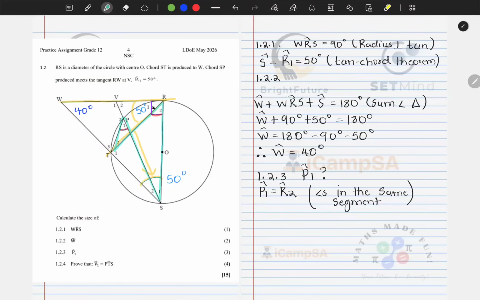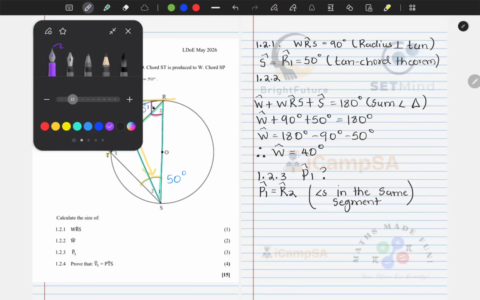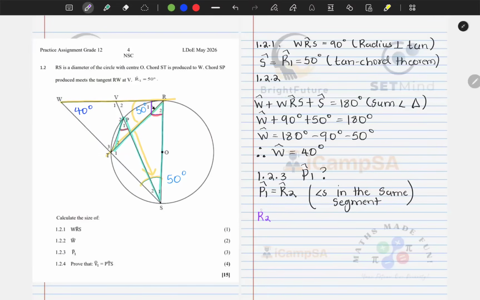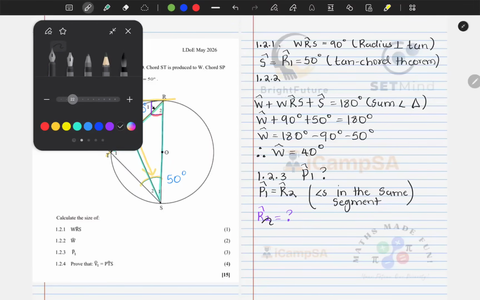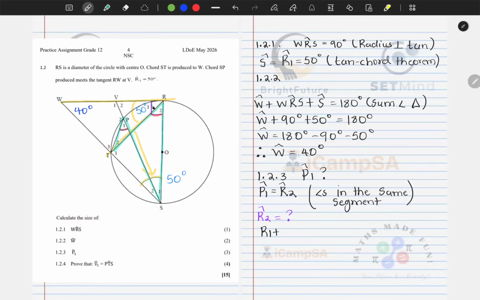Very important. But now we need to ask ourselves, what is R1? Sorry, what is R2? Finding R2 should be very easy, because we figured out that R1 plus R2 is 90 degrees because of our radius being perpendicular to our tangent.